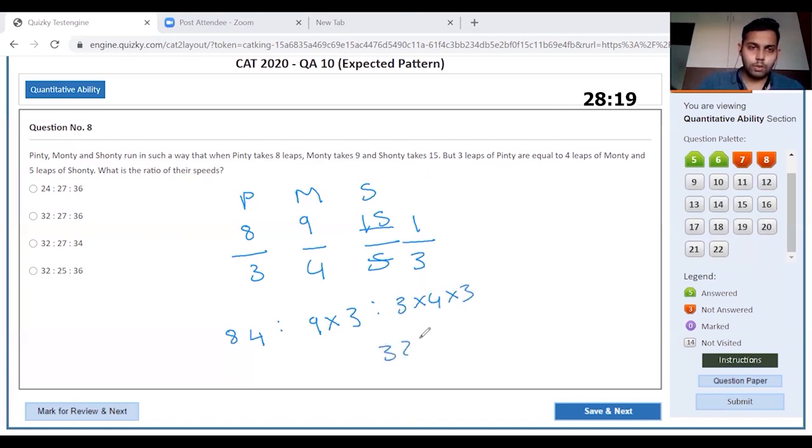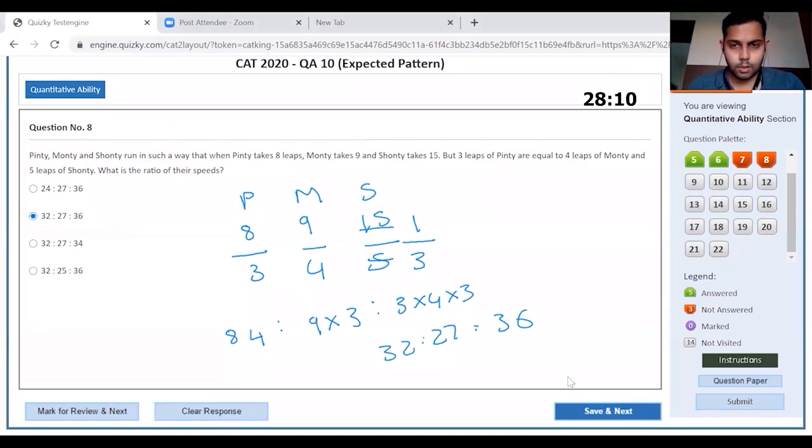So it should be 32 is to 27 is to 36. It should be our answer. Simple ratio proportions question.